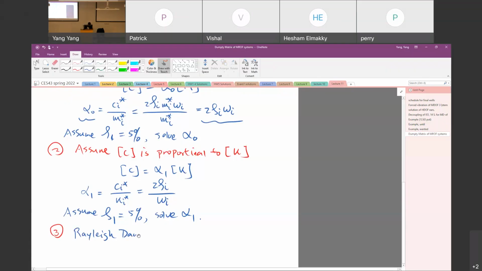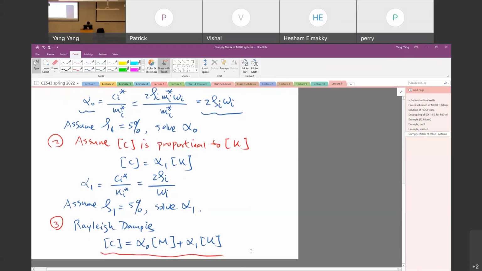Damping C is equal to alpha 0 M plus alpha 1 K. For example, in future, if you are required to do time history analysis for MDOF systems, you typically need to define the damping. The most widely used damping is called Rayleigh damping, so you need to figure out the values for alpha 0 and alpha 1.